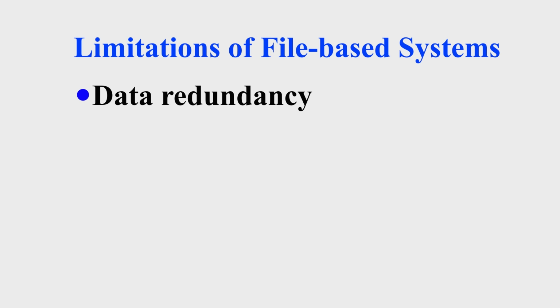So, as we can see, there are many problems and limitations of file-based systems. The first problem was data redundancy. There was repetition. From the previous example, the customer has an account in the accounts department, but the same customer can have a loan from the loans department, but that information is not shared or related.